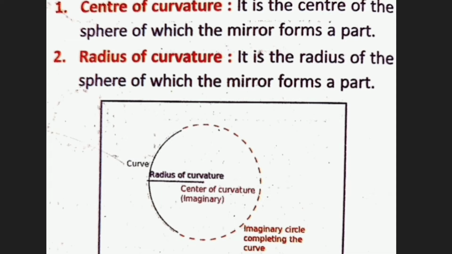Now some of you will say the principal axis and the radius of curvature are the same. No, it is not the same. The radius of curvature extends from the pole till the center of curvature, but the principal axis is a line passing through the pole and through the center of curvature. It's not like it should only stay till there. It can even go beyond.